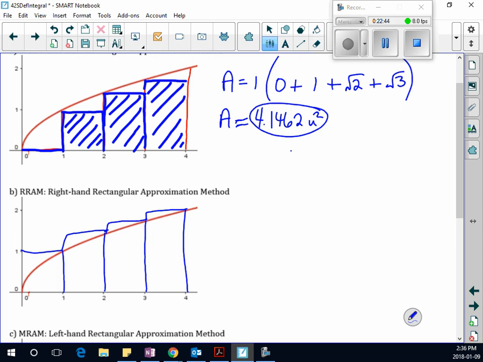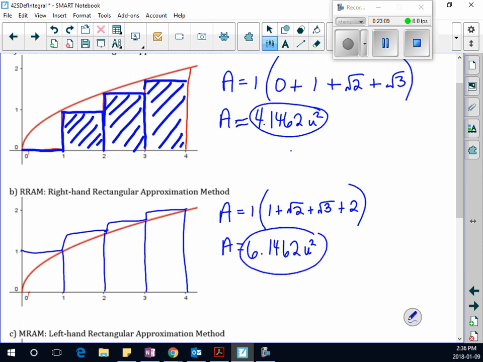So this is an overestimation, right? So I get 6.146 units squared. Okay, I'll slow down. Sorry.